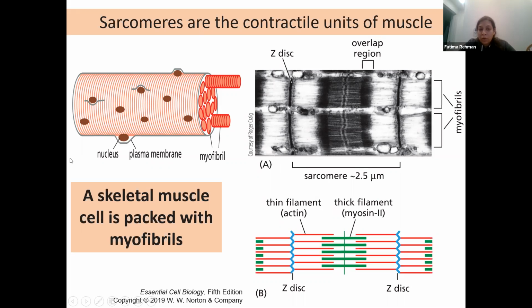A sarcomere, or one portion of this one contractile unit, is approximately 2.5 micrometers in length. So this central area is where you have those myosin filaments with their tails, which is taking about half of that space, with the additional space on either side taken by the actin filaments.